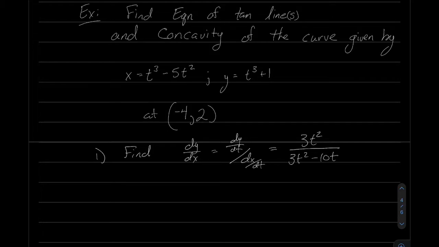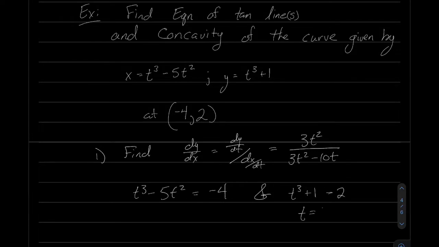And now we need to find the t value for which this point is satisfied. So we have t cubed minus 5t squared is equal to -4. And we have t cubed plus 1 is equal to 2.